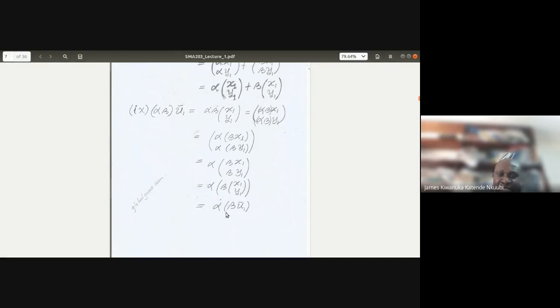The answer will still be the same. So if you have this kind of situation where you have two scalars being multiplied by u1, you can always start by multiplying using the first scalar followed by the second scalar. And this process here will show you how that works.